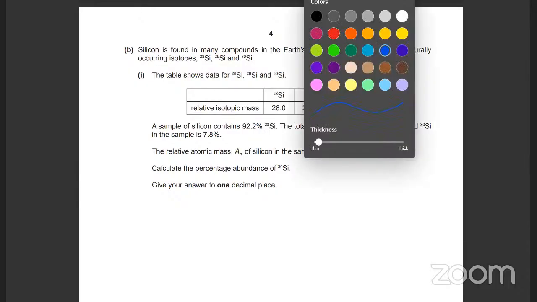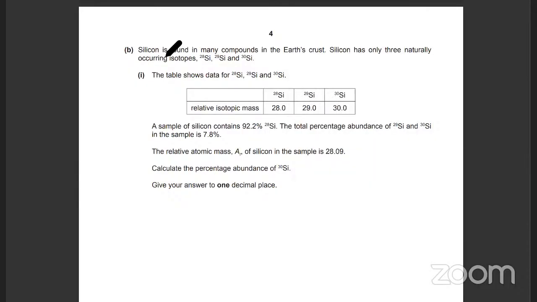Silicon is found in many isotopes. The isotopes are given and their relative isotopic masses are given, and the sample of silicon contains 92.2% of this one, and the total percentage abundance of silicon 29 and 30 is 7.8%.